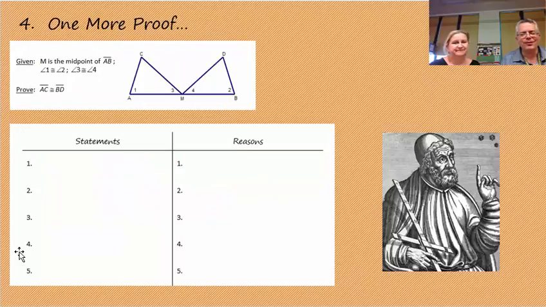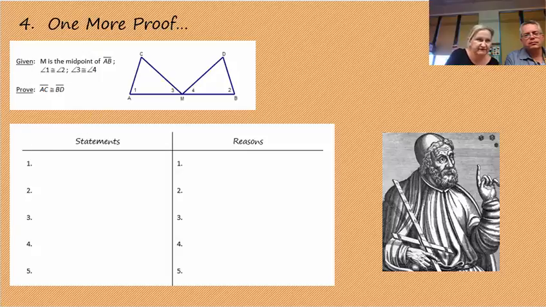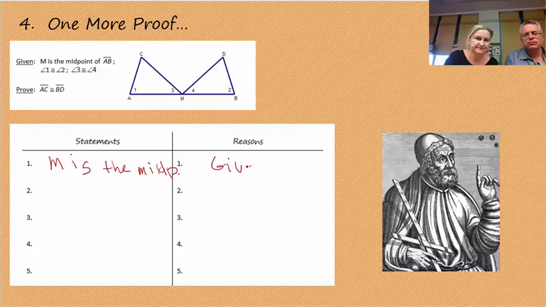Okay, let's see if we can get through one more example here. For the last example, again, I have two triangles and some given information. So let's start with the easiest part, listing the given information. M is the midpoint. This is given.